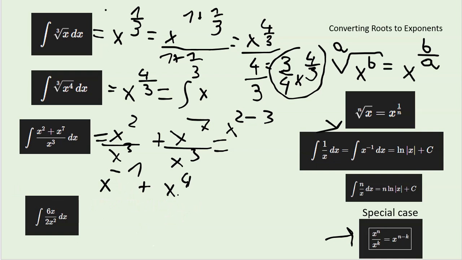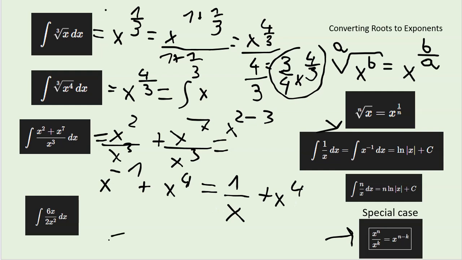So what we're going to do here is 1 over x, because we know from this formula that 1 over x equals x to the negative 1, plus x to the 4th.